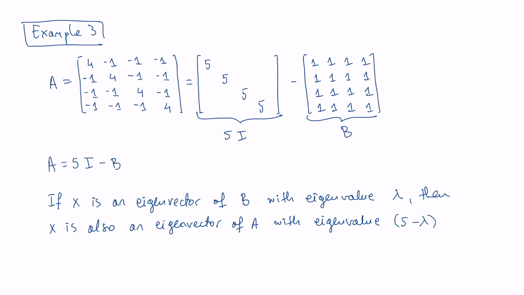They're shifted by 5, so it's 5 minus lambda. Let's see why that is the case.